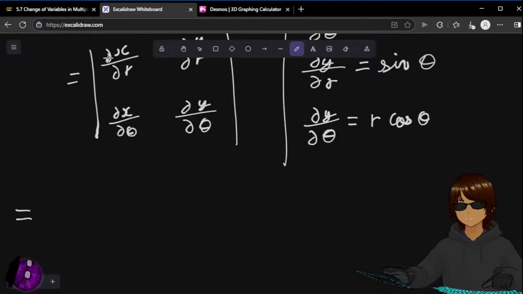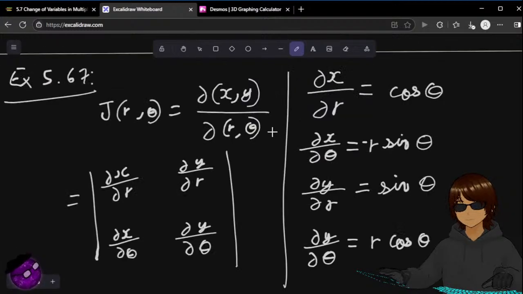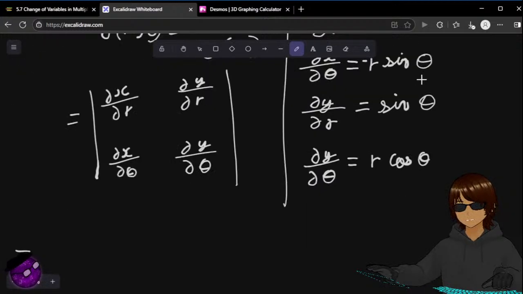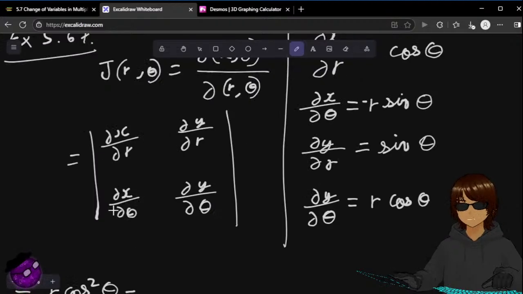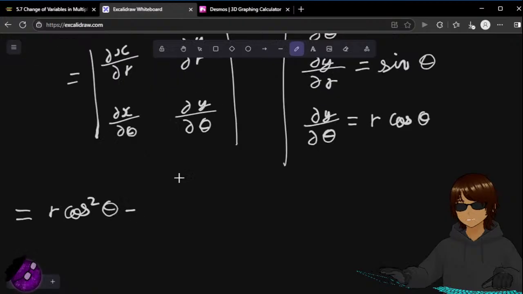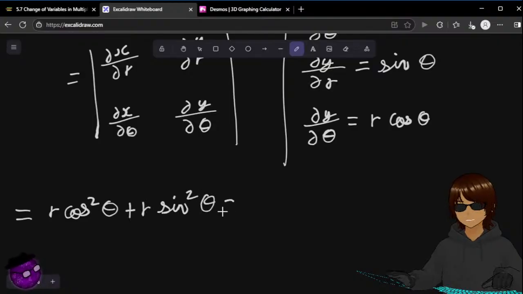This times this: cos theta times r cos theta, minus this times this: minus r sine theta times sine theta. Minus sine becomes plus r sine squared theta. But then this is just r.